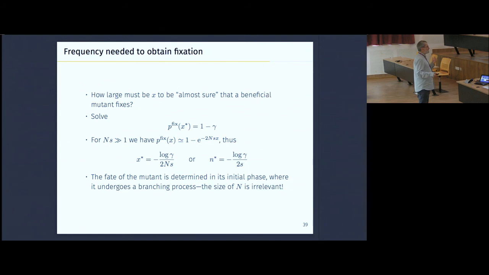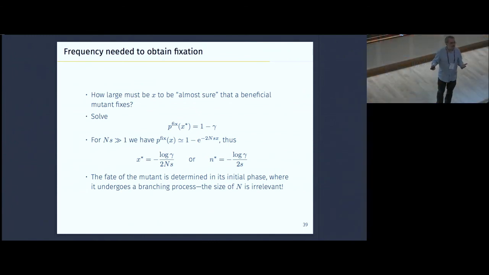A fit mutant gets established when its size is larger than or of the order of this quantity, because in that case the probability that it eventually goes to fixation is finite and practically 1. But before that, it is a stochastic process, and what is also important is that you can use the Galton-Watson process without caring about the population size to describe what happens there. All right? So this is quite surprising, quite nice.